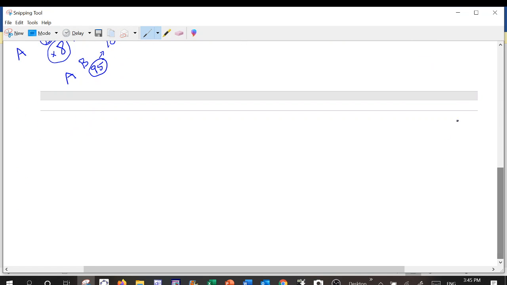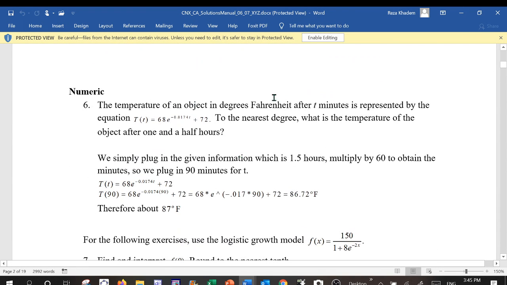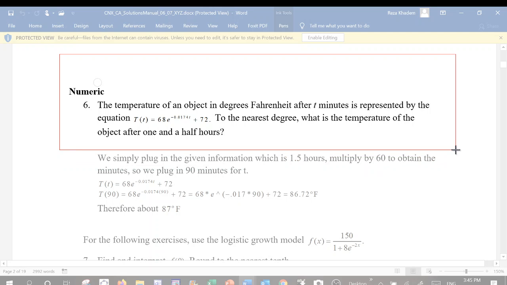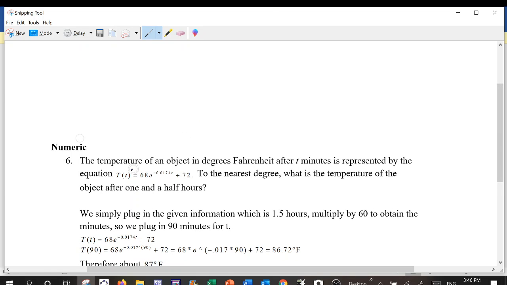All right. So now we want to do some of these application problems. It's number 6 here, so let's copy it and see what we have to do. It says that the temperature of an object in degrees Fahrenheit after T minutes is given by 68 e to the power of negative 0.0174 T plus 72.